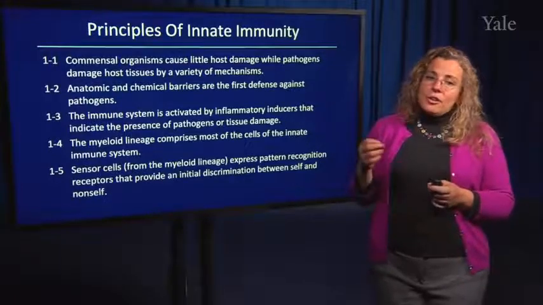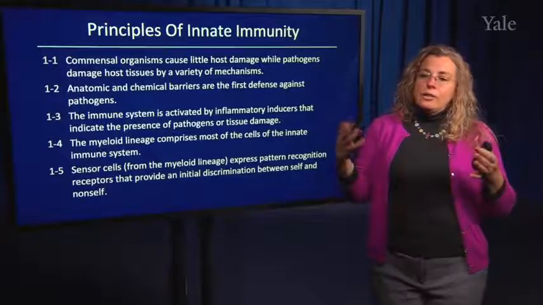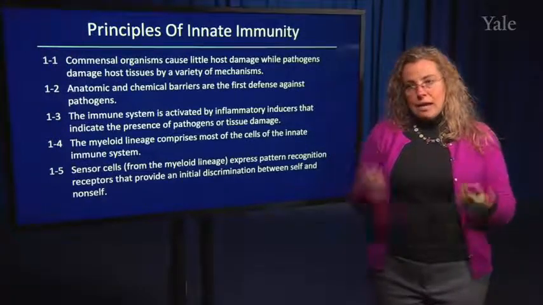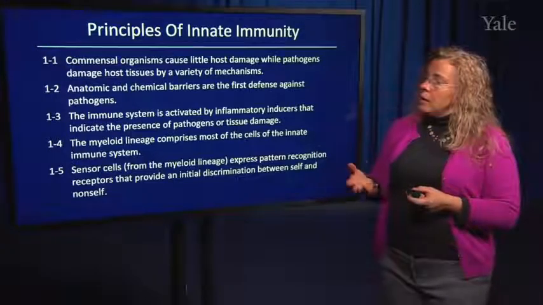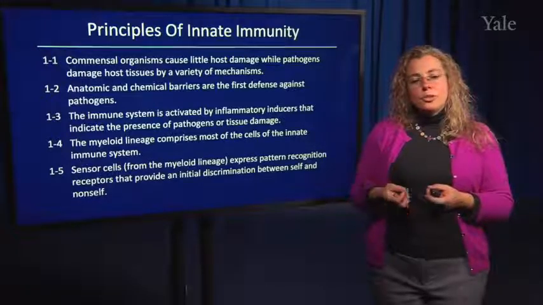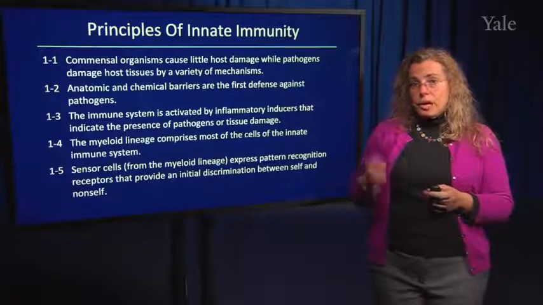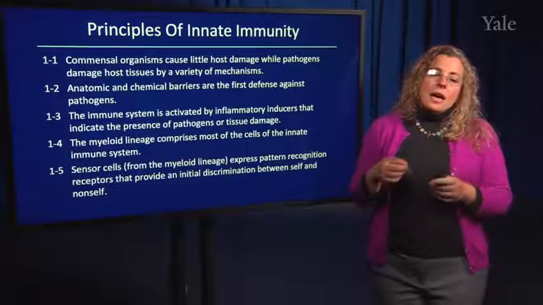Your anatomical physical barriers protect you. And it's only if those are breached that the immune system has to step up and respond. The immune system will be activated quickly by things that induce inflammation. A lot of that is mediated by those soluble factors, those cytokines and chemokines.